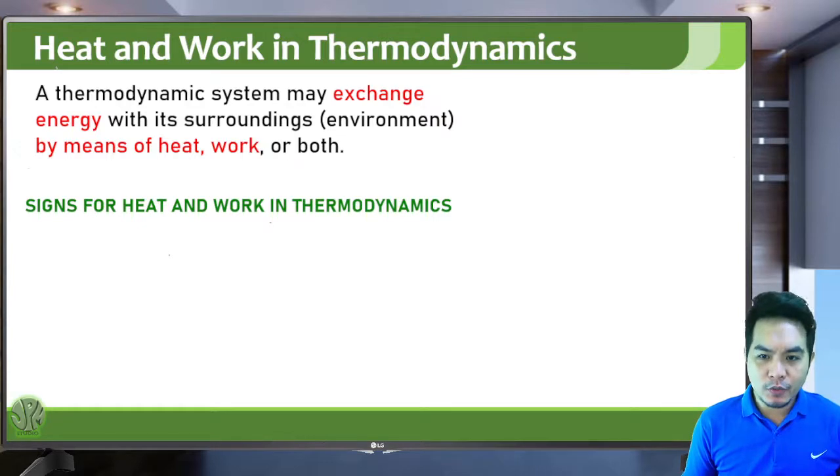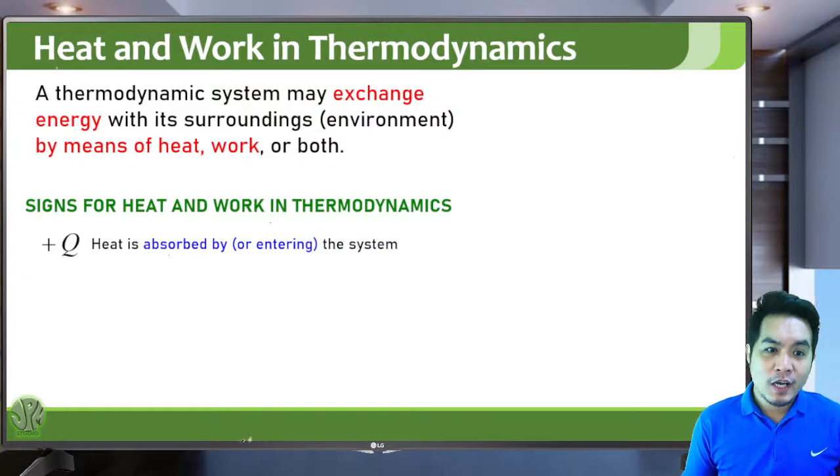We need to again review the signs for heat and work in physics and specifically in thermodynamics, but it's just the same, it's generic. If you have a positive heat, a positive value of Q, this means that heat is absorbed or heat is entering your thermodynamic system.